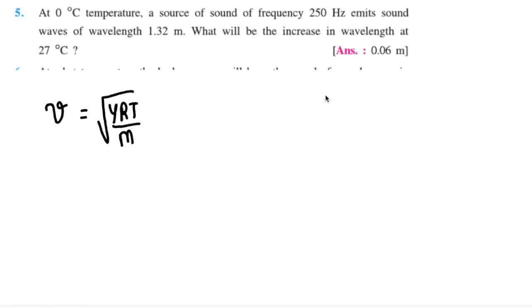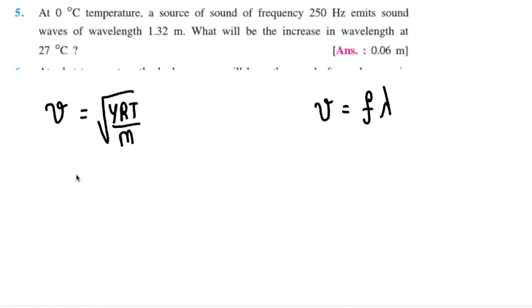And the relation of velocity with lambda is v equals f lambda. So velocity is common, and we can compare these two, f lambda with root of gamma RT by M.